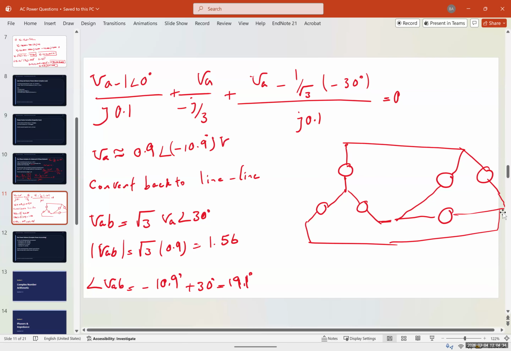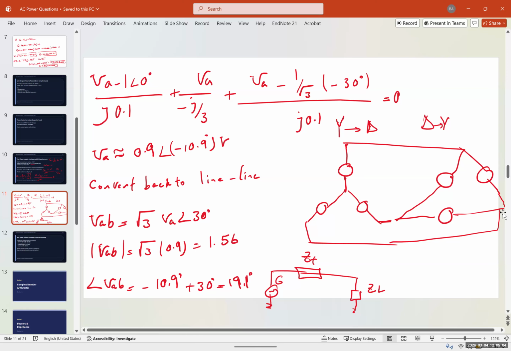So we will convert Y to delta and delta to Y to be able to make a per phase unit like this: Z of transmission, Z load, and the generator G. That's the reason we did all of this.